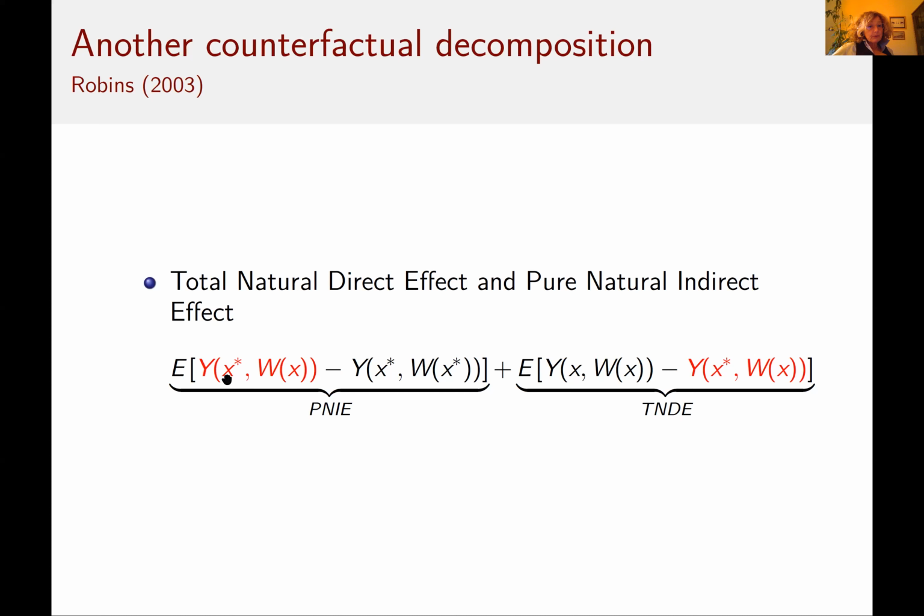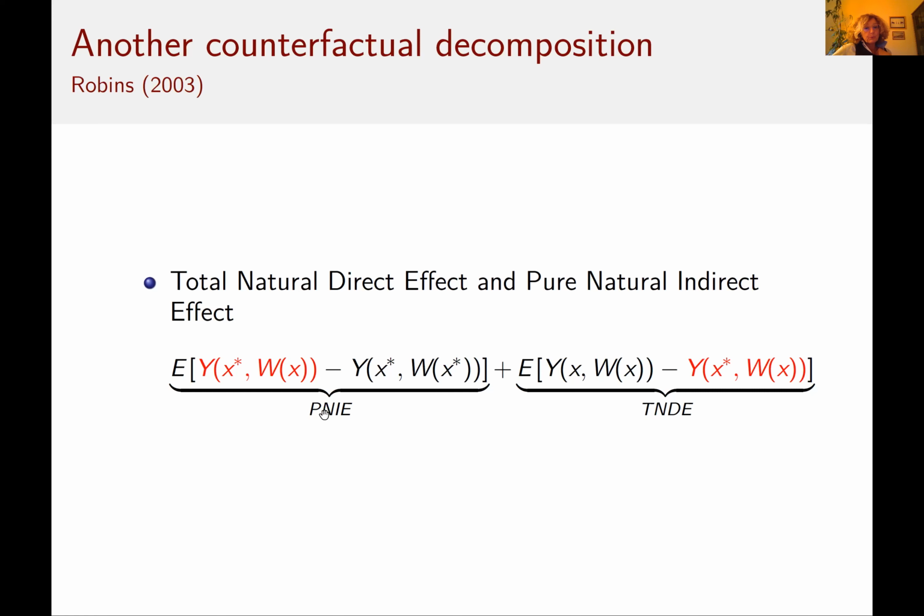You keep Y for this part with x set to the baseline, and you let the mediator take different values: in the first one, the natural value when the exposure is set to x, and in the second, the natural value when the exposure is set to the baseline.